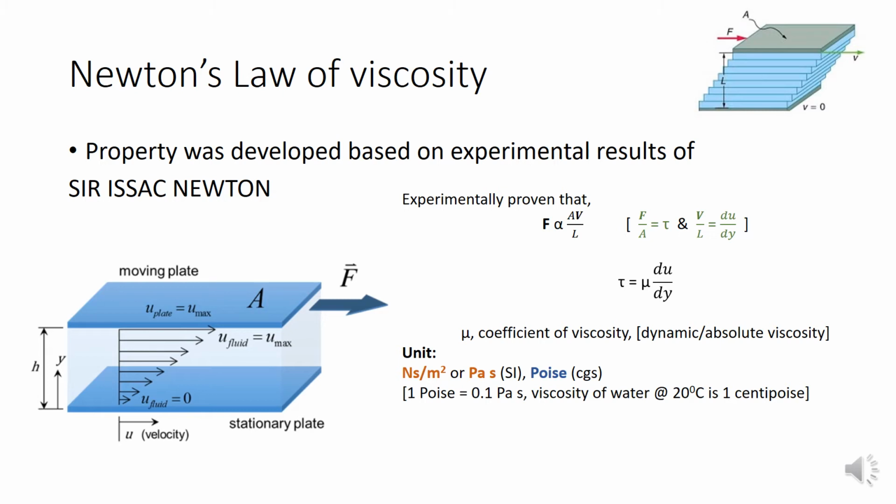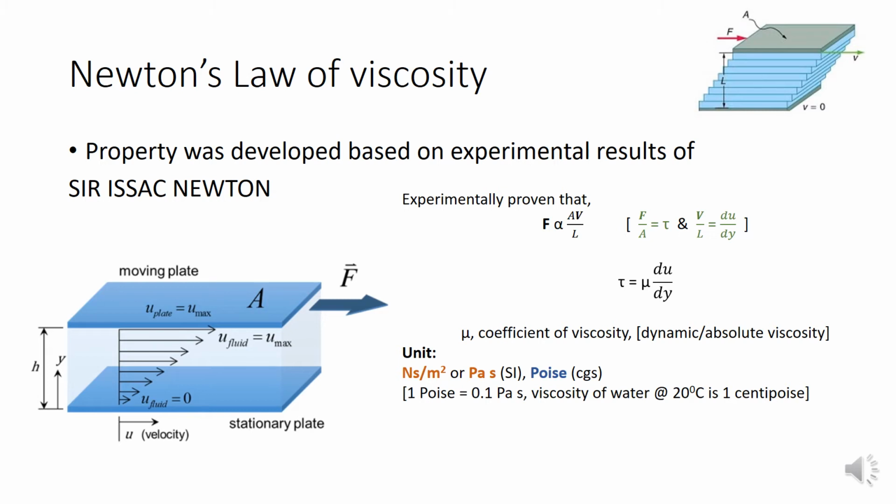And here the velocity of the stationary plate will be 0. So the fluid layer adjacent to this one has a velocity equal to 0, which is called the no slip condition. That is, the fluid layer adjacent to the plate will have the same speed as the plate. So that is called the no slip condition.